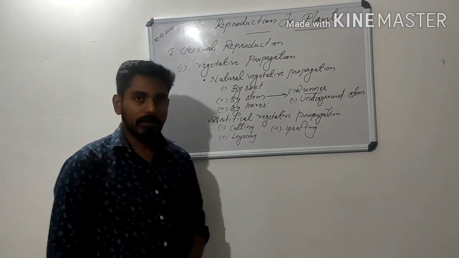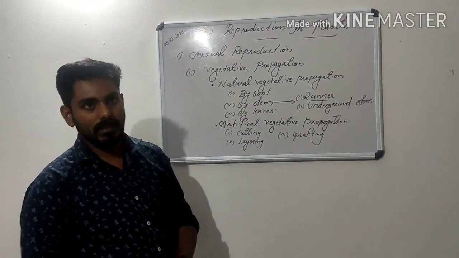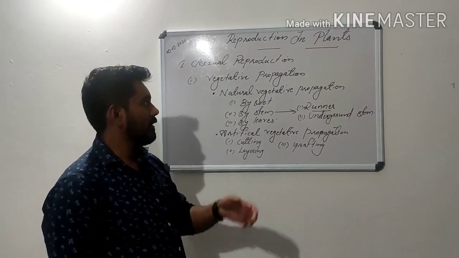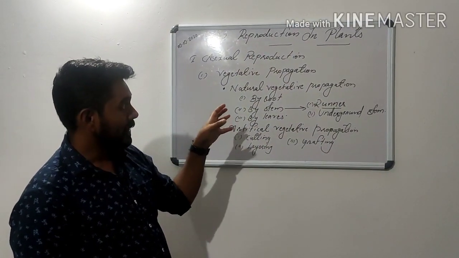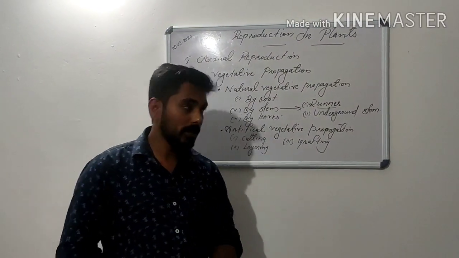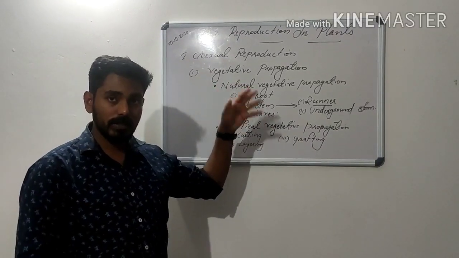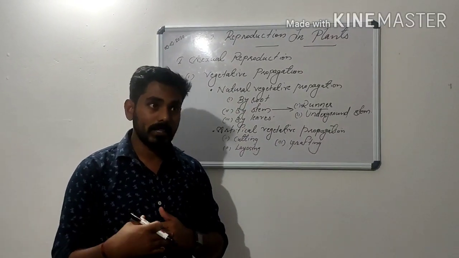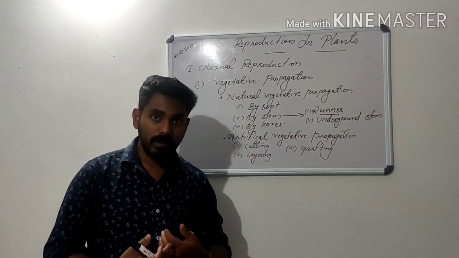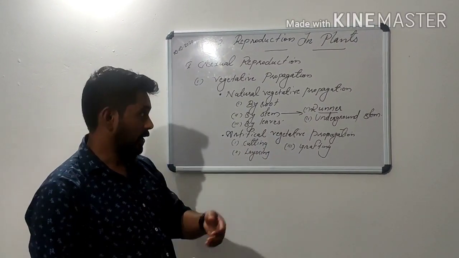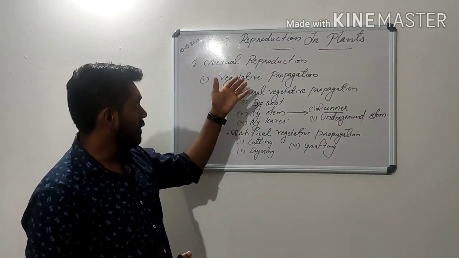So, in the previous lesson, we have learned about reproduction in plants. There are two types of reproduction in plants. The first one is asexual reproduction, and the second one is sexual reproduction. We have explained what reproduction is and what asexual reproduction is. Once again, I will repeat.